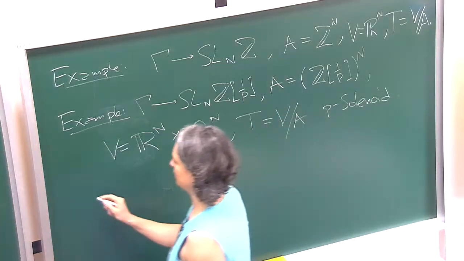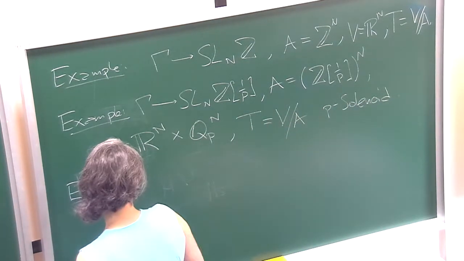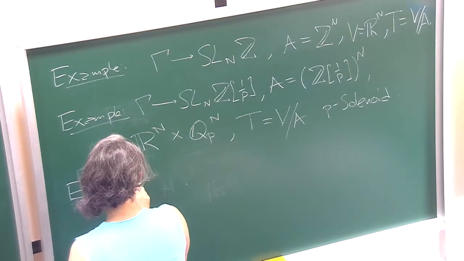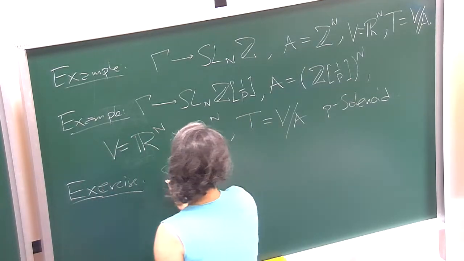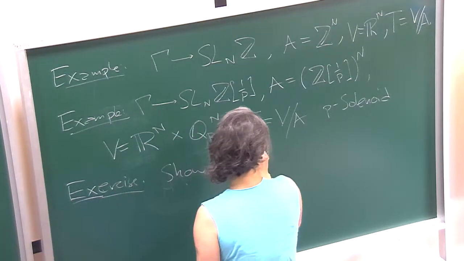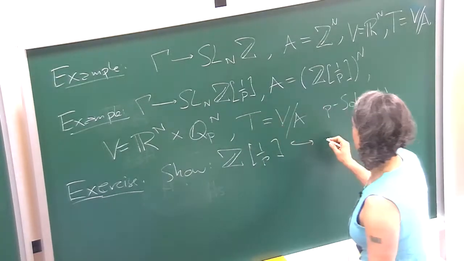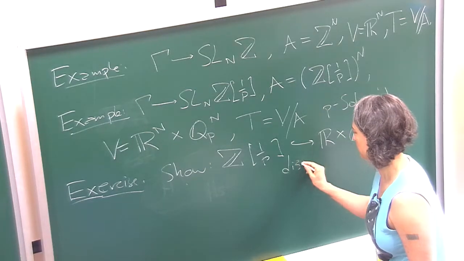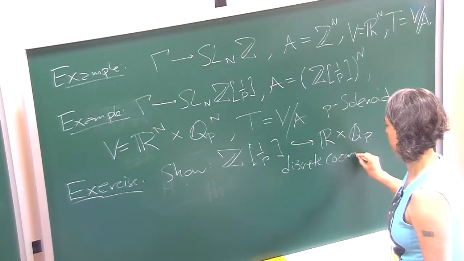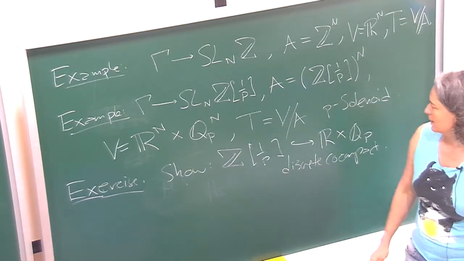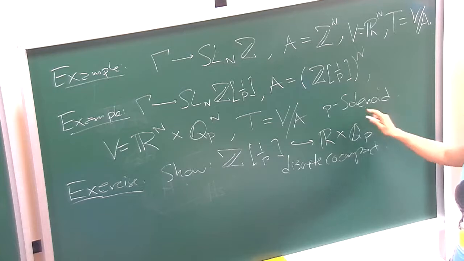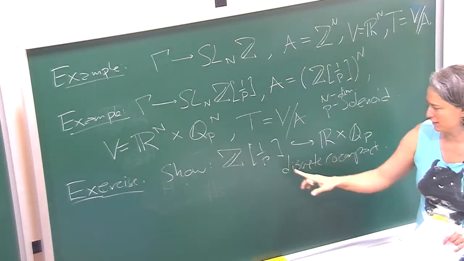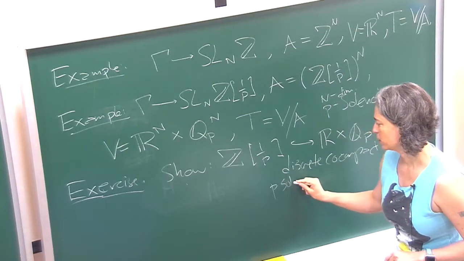So the exercise that I asked you to do, if you know the p-adics, is to show that Z adjoin 1/p embeds discretely and co-compactly in R cross Q_p. Actually, this is an n-dimensional p-solenoid. But here, this is a p-solenoid, the quotient.